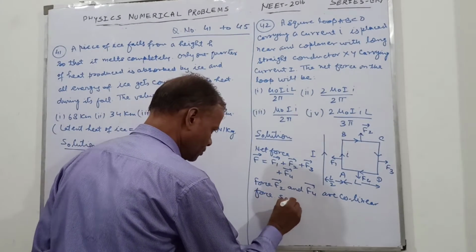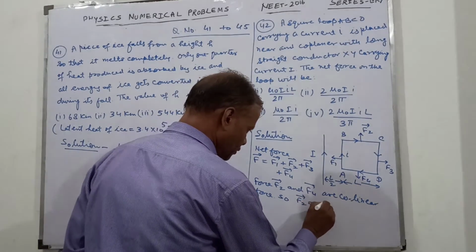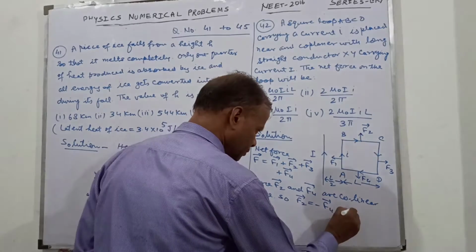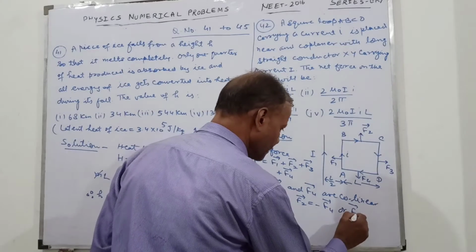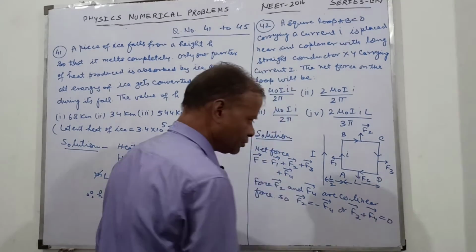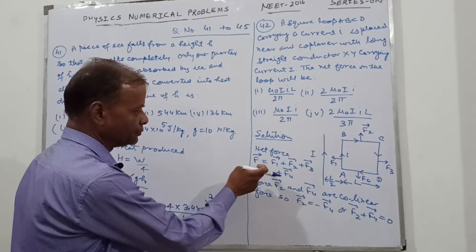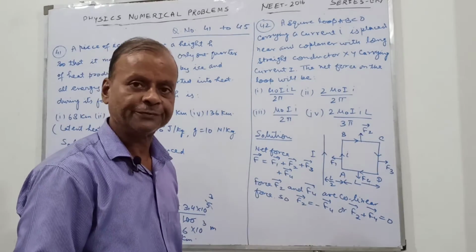So F2 is equal to minus F4, or F2 plus F4 is equal to 0. So the sum of F2 and F4 is equal to 0. So the only remaining force will be F1 plus F3.